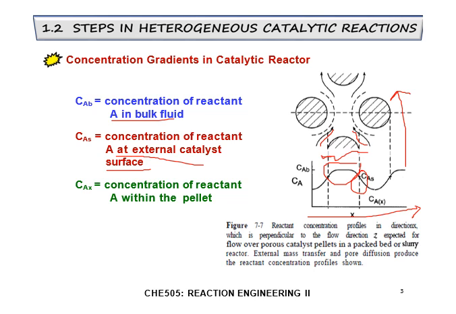And that concentration of reactant will continue into the pellets of the catalyst, meaning that the concentration further drops. Alright. So we call it CAX, the concentration of reactant within the pellet.